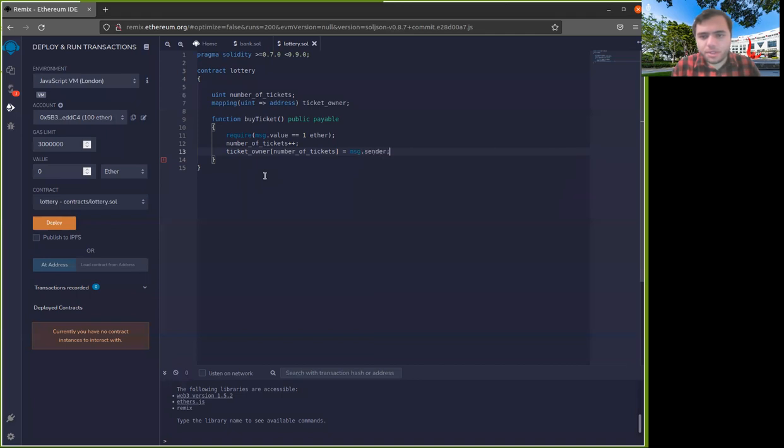So msg.sender, the person who called this function. Actually, it makes sense to put this before the previous one, so that if I have n tickets, they're numbered from 0 to n-1 now. Okay, so buying a ticket is not a big deal.